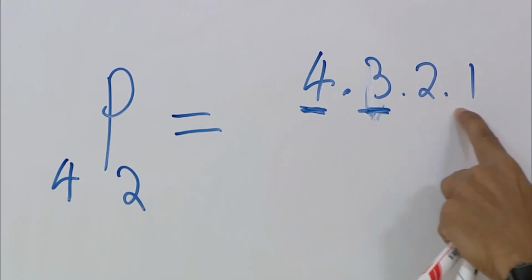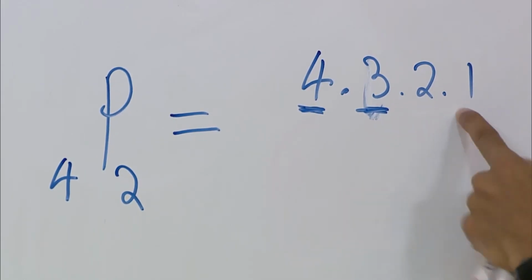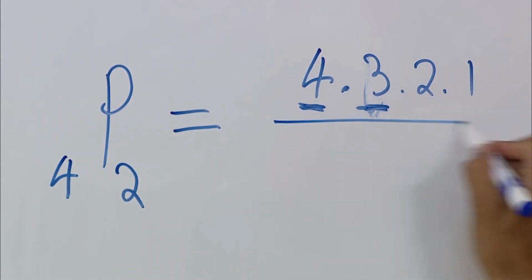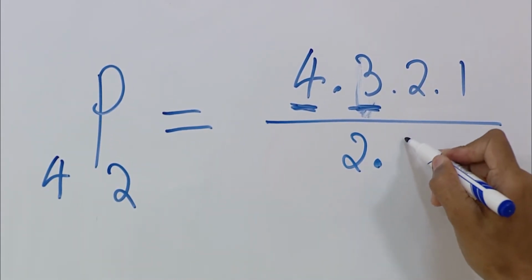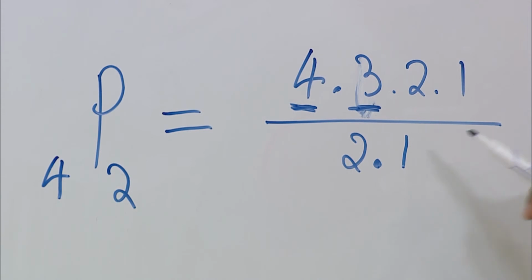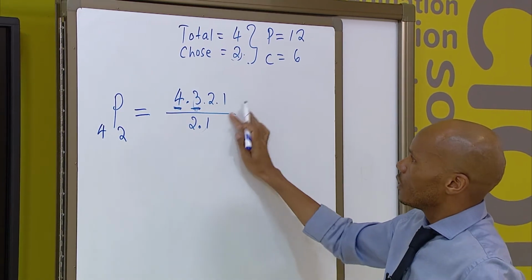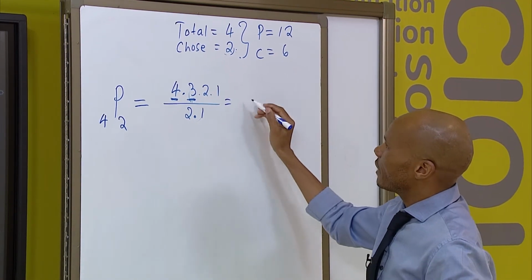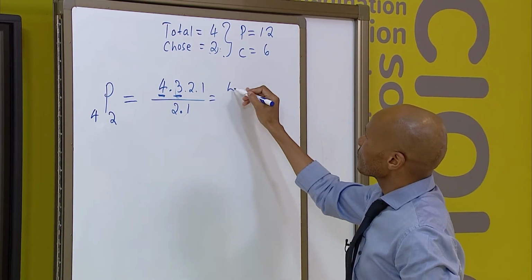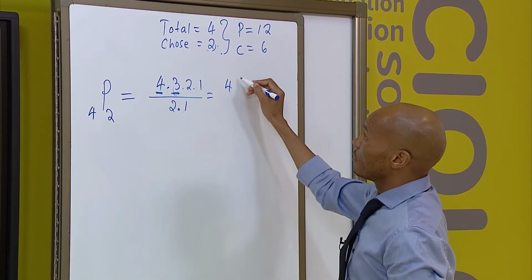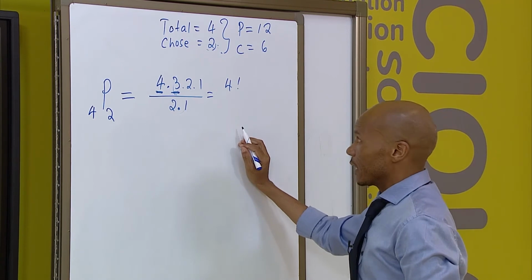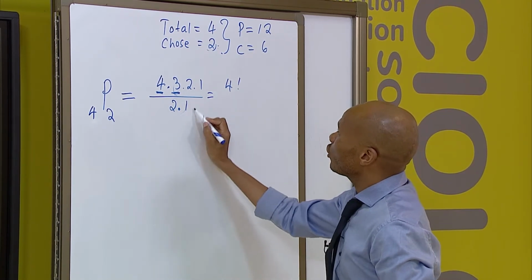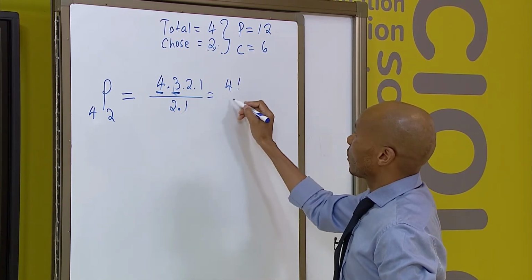But how do you remove these? You remove these by dividing them. So here, you divide by 2 times 1. And this is 2 factorial. So that would be the same as saying 4 factorial divided by 2 factorial. This can also be written as what?